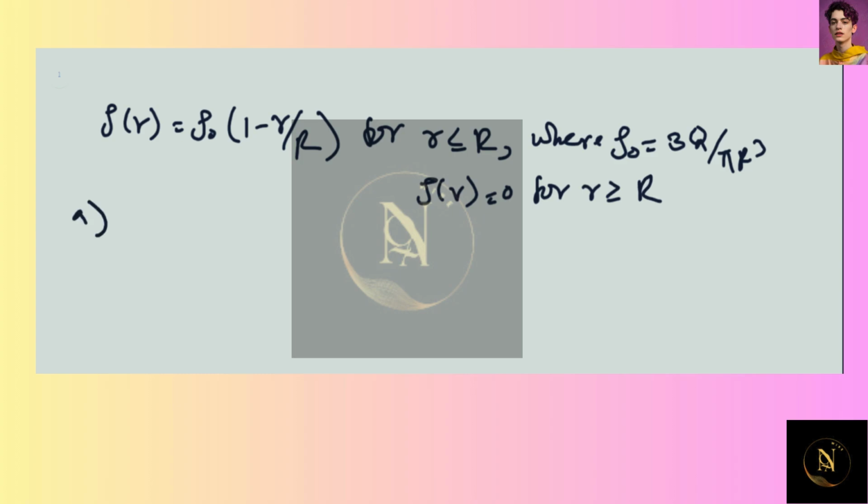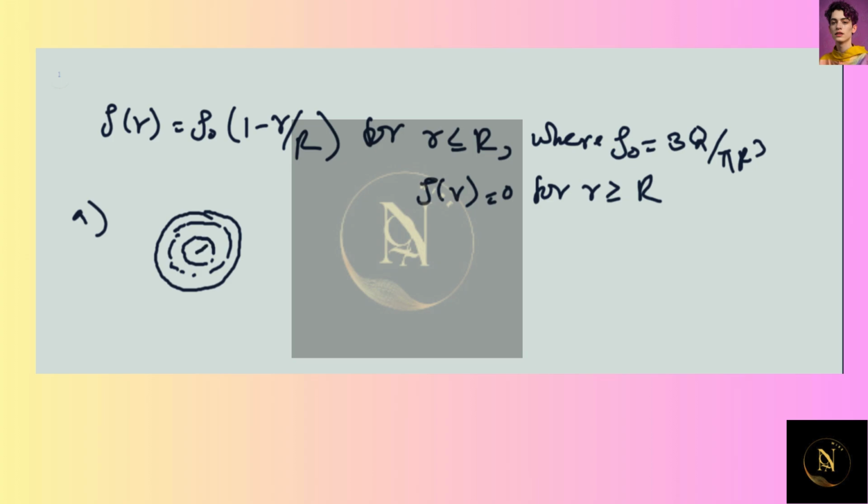Part A of the problem. The charge density varies with r inside the spherical volume. Let's say this is a spherical volume here. We divide this into thin concentric shells.